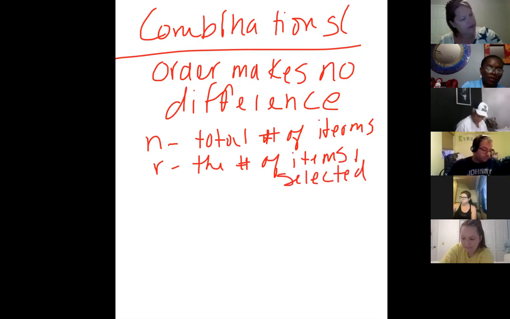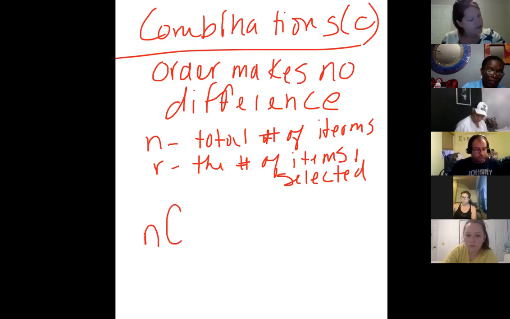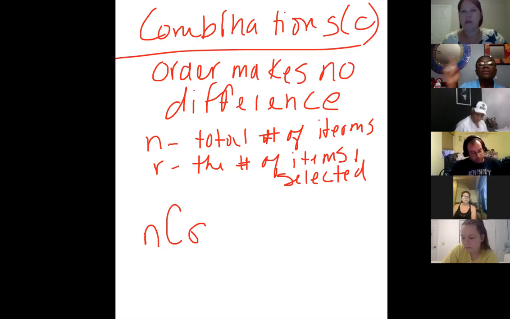So when we write out the formula, it's going to be N choose R. What is the combination of N items selected R at a time? The number of combinations of N items selected R at a time.